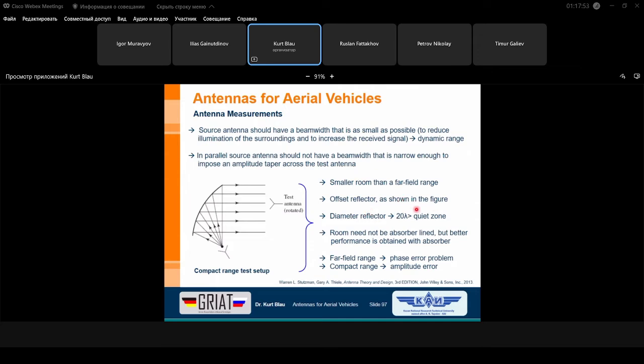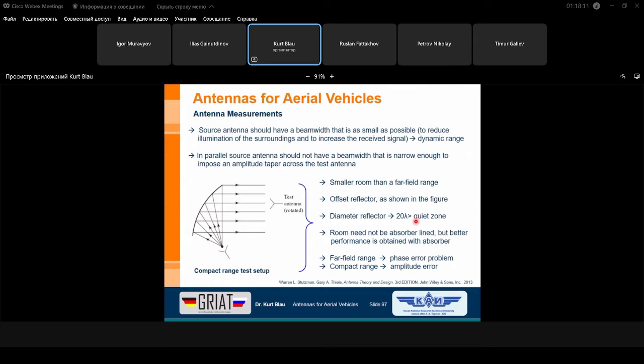Quiet zone means the zone in which you can get measurement results with a certain error.